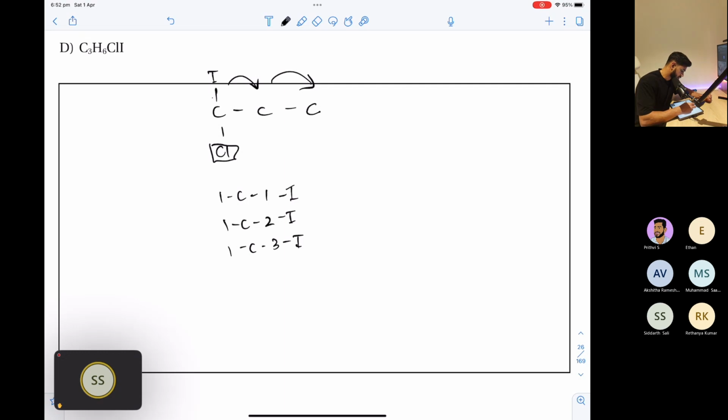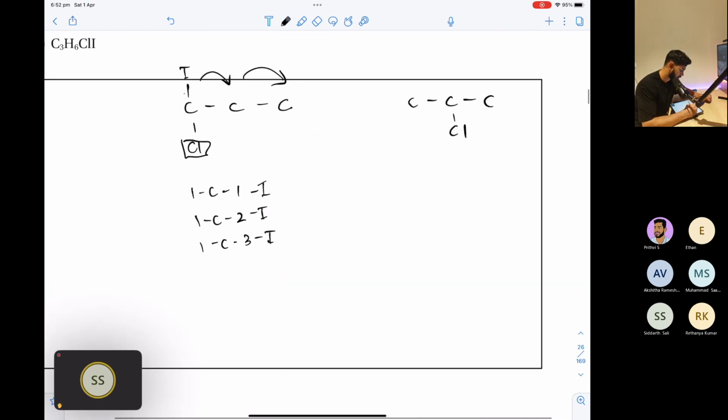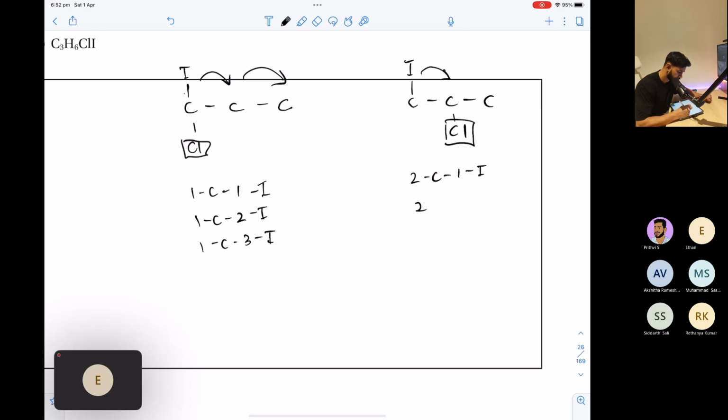Good. What if you fix it in the second position? And I'll get Ethan to answer this one. Chlorine is now fixed in the second position. Ethan, what would you call this? You get 2 chloro, 1 iodo. And if you move it here, it'd be 2 chloro, 2 iodo.